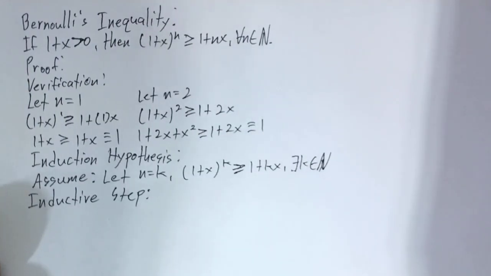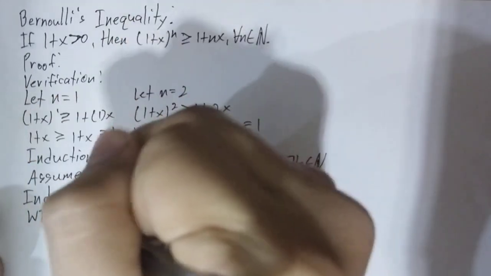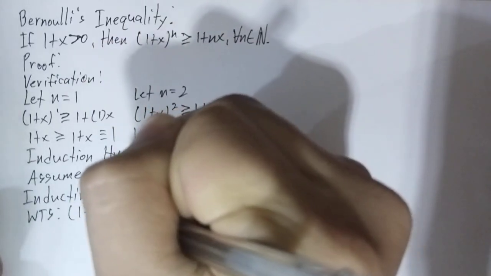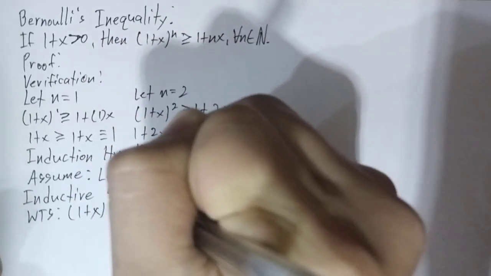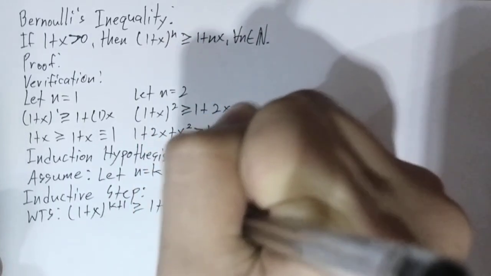Now, in our inductive step, we need to show that the binomial (1 plus x) raised to k plus 1 should be greater than or equal to 1 plus (k plus 1) multiplied by x.